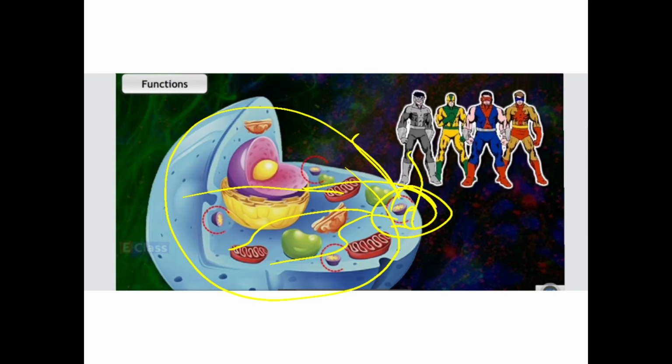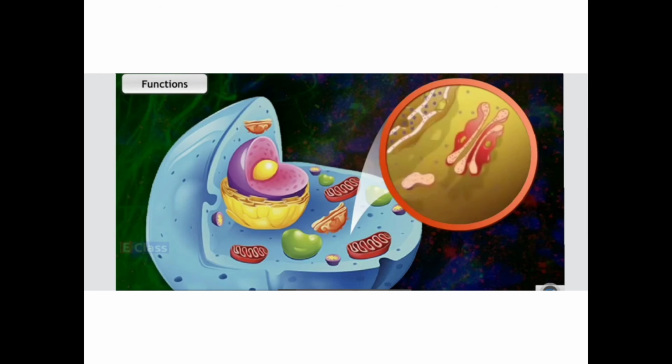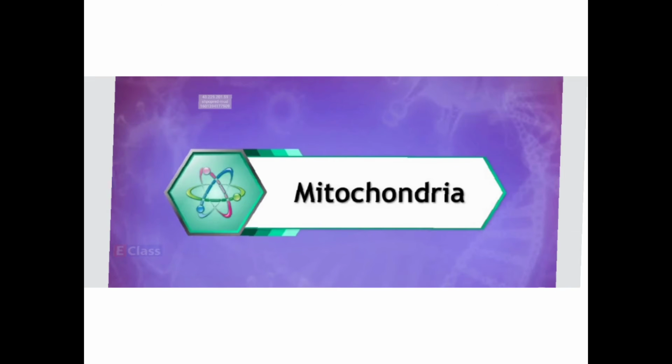Okay. Now, having understood this, we will move towards the energy powerhouse of our body, and that is called the mitochondria. See, this is the mitochondria. Okay, see, in our house, the fan, the tube light, the washing machine, everything works on electricity. If electricity is not there, what will happen? All the things will stop functioning, isn't it?